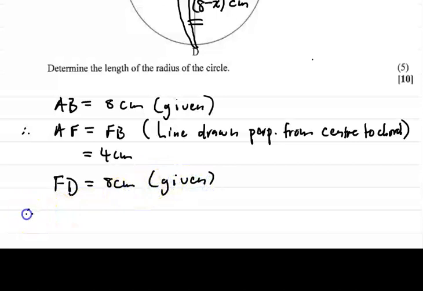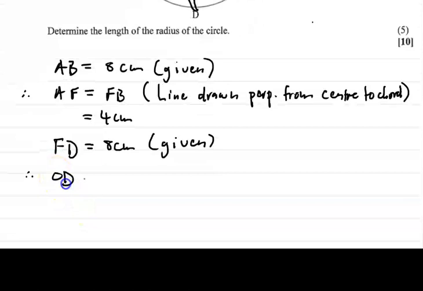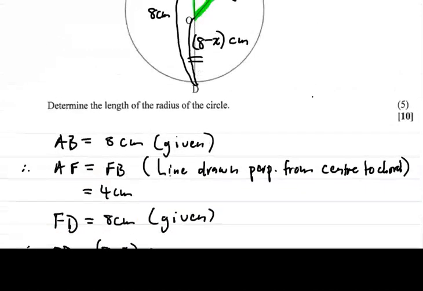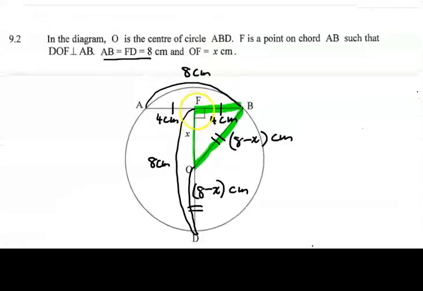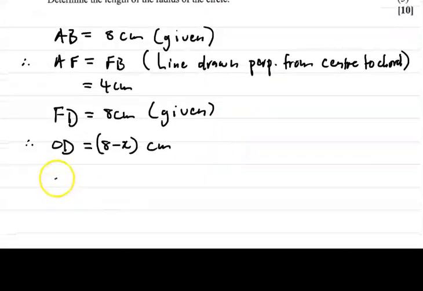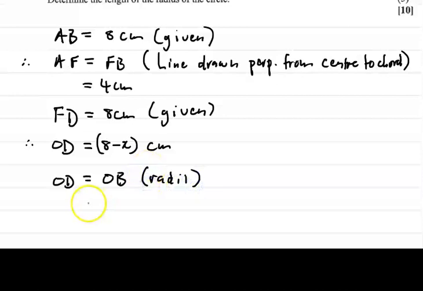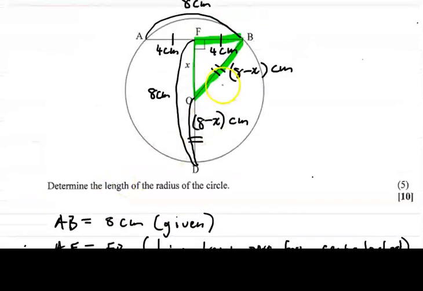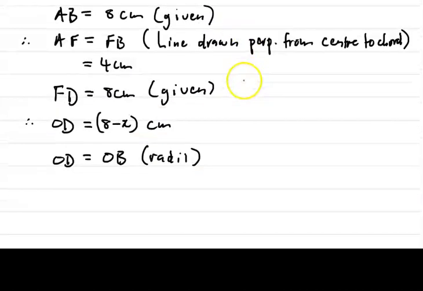Therefore, we can now write that OD is equal to 8 minus X centimeters. And then the next thing we wrote down was that OD equals OB, radii. Therefore, OB is now equal to 8 minus X centimeters.